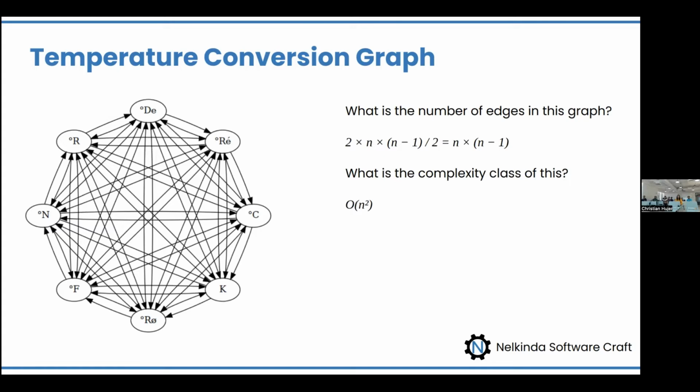Or in other words, what is the effort of adding one more conversion unit? Yeah, that's O(n). So the n minus 1, yeah, but in complexity constants, just remove them.